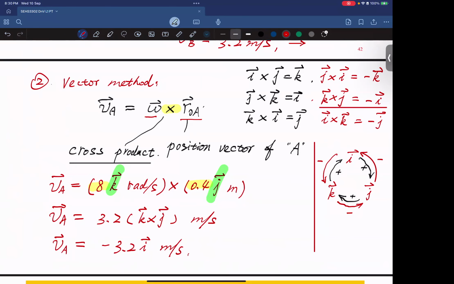You can try it with another one. You mean this rad? You see this here, right? Radian is actually unitless, because radian is a ratio between the arc length and the radius. It's an angle, right?